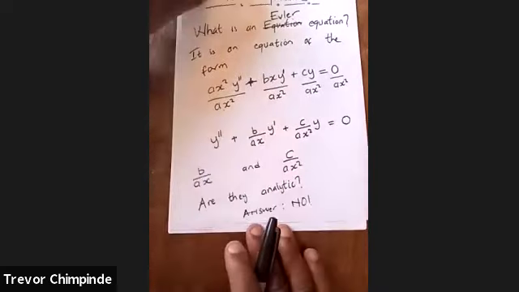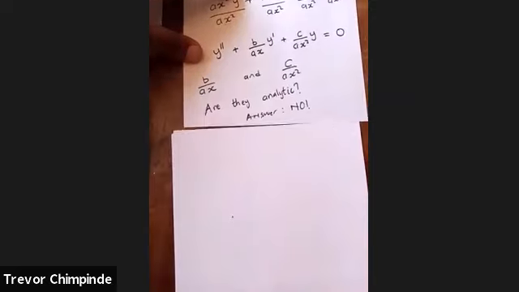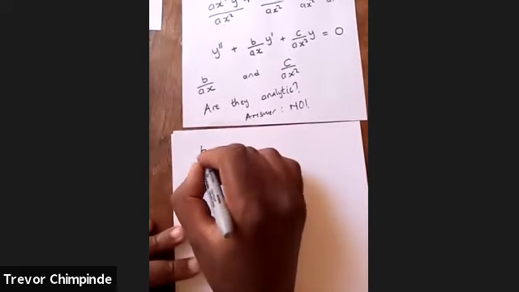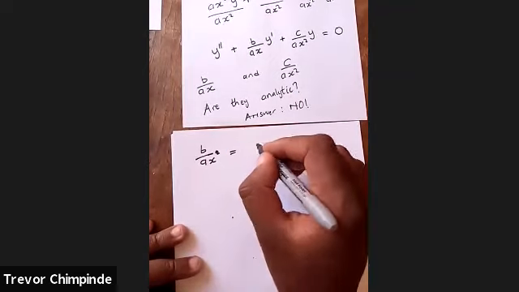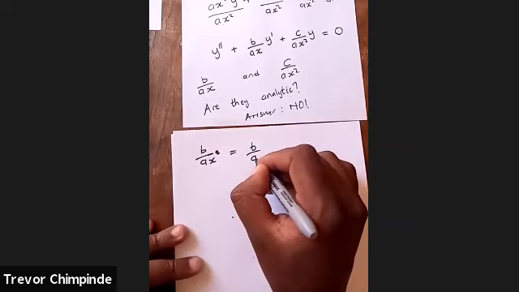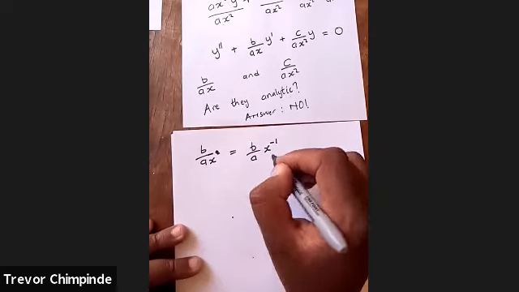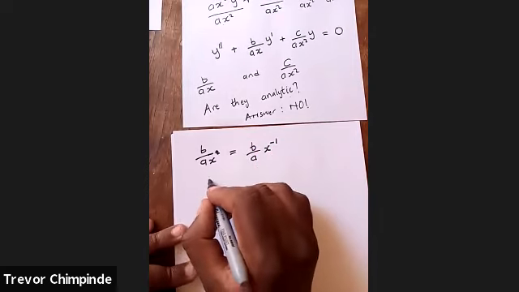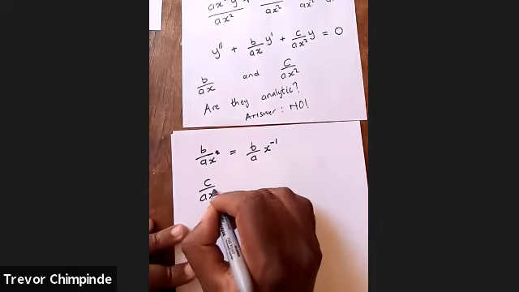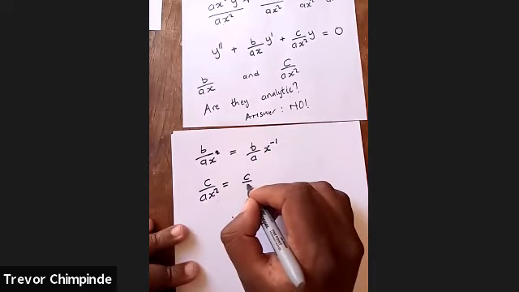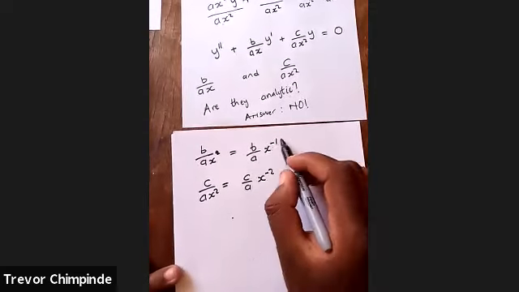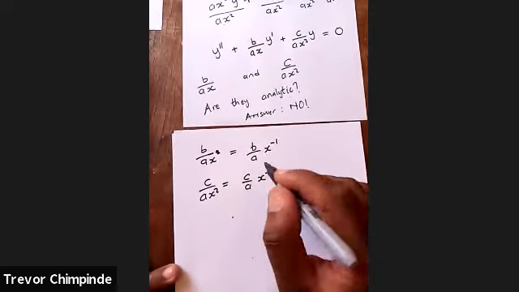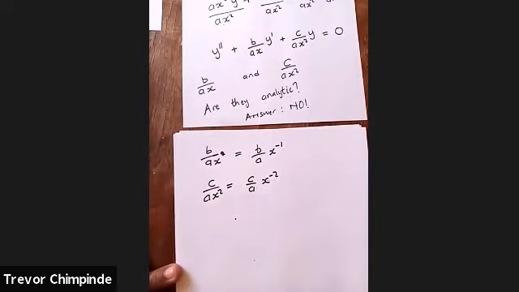The answer is no. To give a simple reason, you can write b over ax as b over a x to the power -1, and c over ax squared as c over a x to the power -2. Remember, for the power series, we said we don't want negative exponents. So this is a problem.